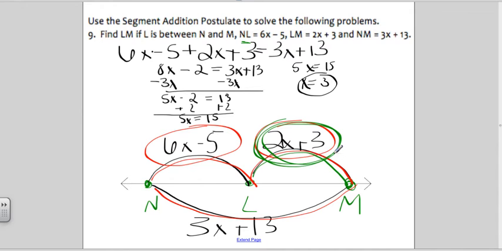So once I know what x is, I just plug that in. So I have 2 times 3 plus 3. Well, 2 times 3 is 6, and 6 plus 3 is 9. So that means that the length of LM is 9 units, and that's my answer.